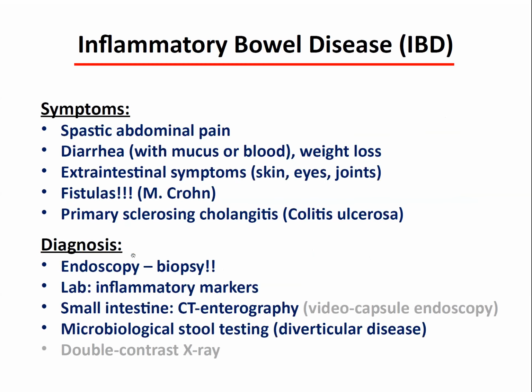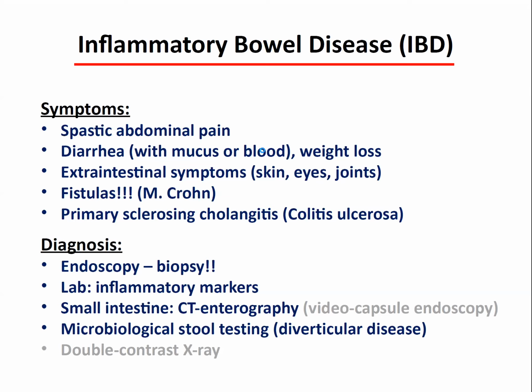Okay, inflammatory bowel diseases, those are the immune-mediated bowel diseases where the patients usually have spastic abdominal pain and diarrhea. It can be mucous or bloody, and weight loss very commonly. In some cases, for example in Crohn disease, extraintestinal symptoms, some skin, eye, or joint manifestations can be seen.